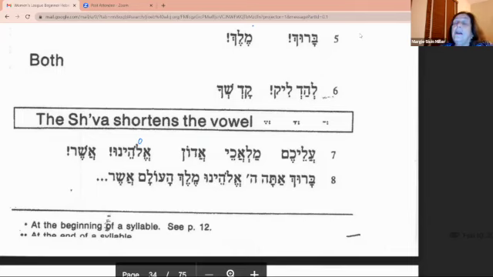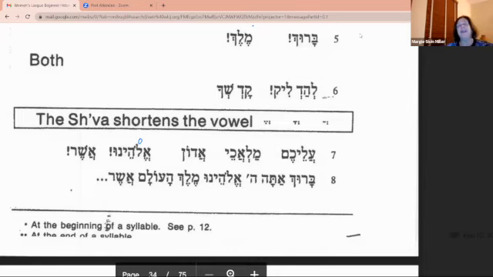Listen to the first one. Aleichem. You don't say Aleichem, it's Aleichem. It shortens it. It didn't change the vowel under that ayin. It shortened my saying it. Malachim, not Malachim.